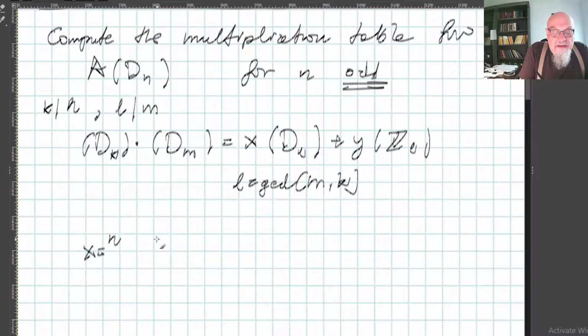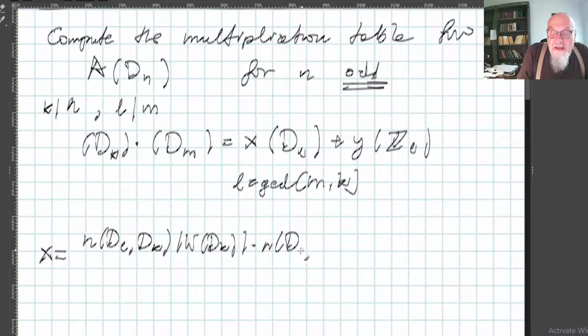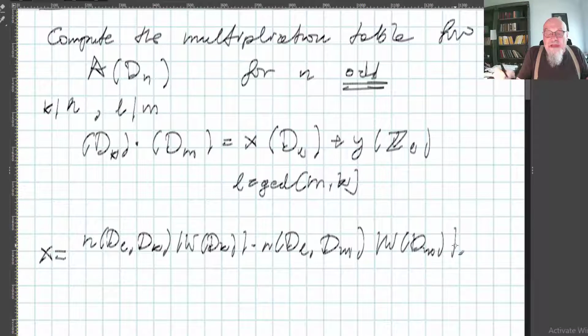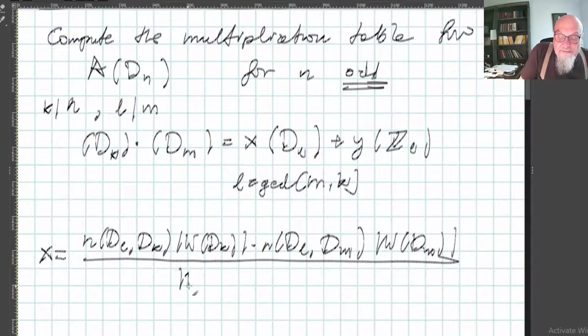Maybe bigger numbers, I should not be shy. So this is equal to n(Dl, Dk) times the Weil group of Dk times n(Dl, Dm) times the Weil group of Dm, and this is the Weil group of Dn, and there is nothing bigger, so there is no L tilde, divided by the Weil group of Dl.